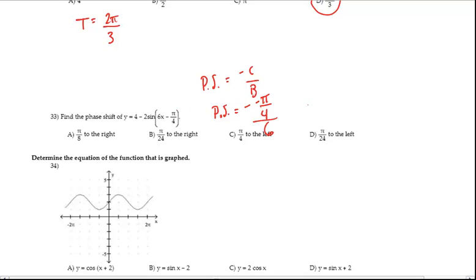So now you'll have pi over 4 divided by 6. Make sure to multiply by the reciprocal, and you end up getting pi over 24. And hopefully we have an answer. And notice it says pi over 24 to the left and pi over 24 to the right. Well, because this is positive, it would be pi over 24 to the right. So don't fall into that trap.